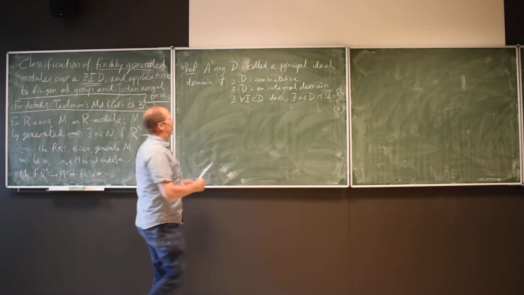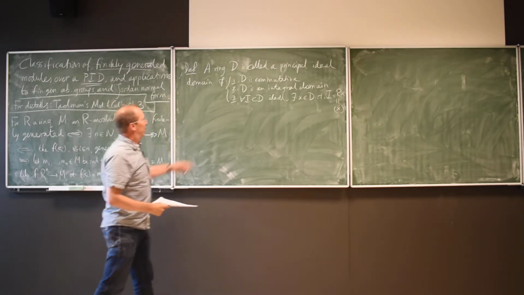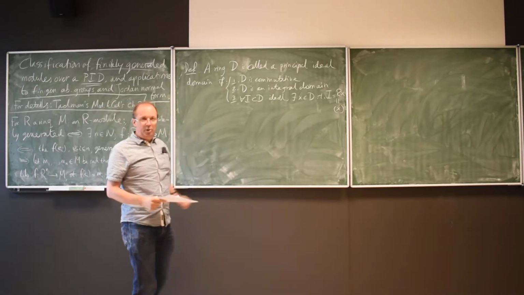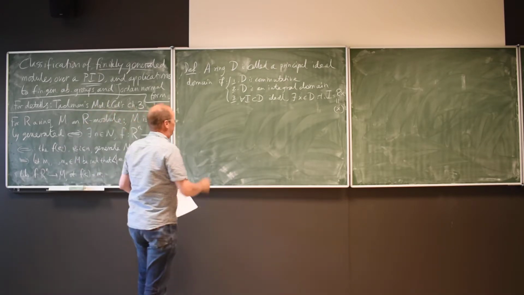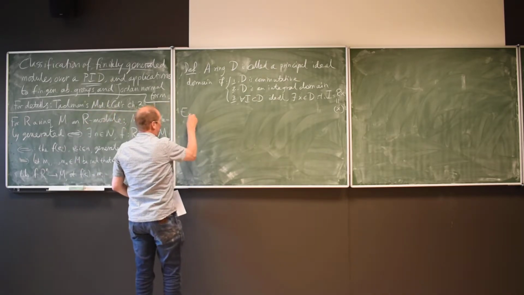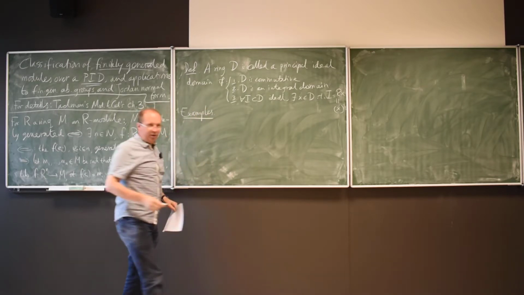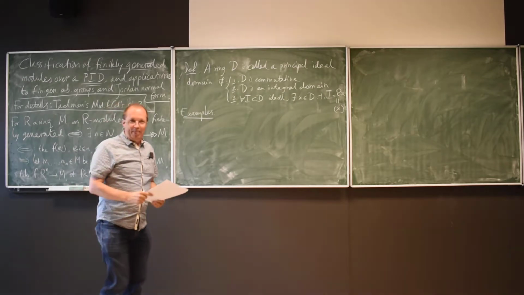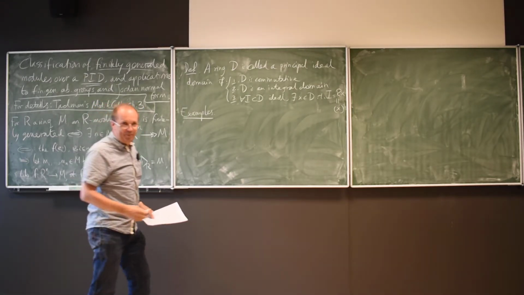So these three conditions are what it takes for a ring to be a principal ideal domain. And we know quite a few examples of that. This is a class of rings that is slightly more complicated than fields, but not really terribly much so.